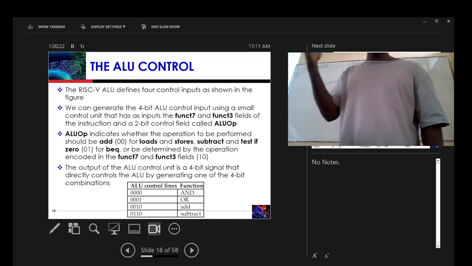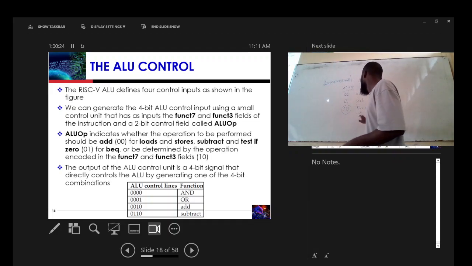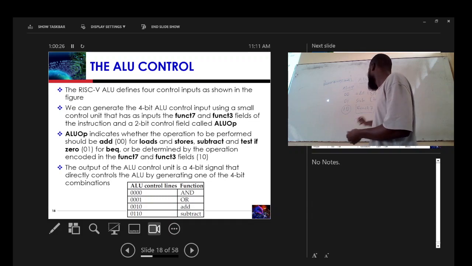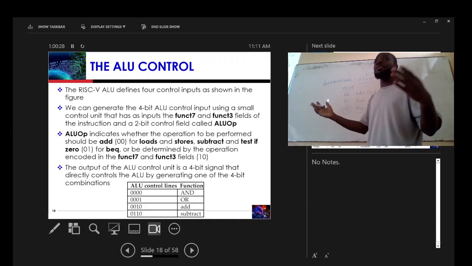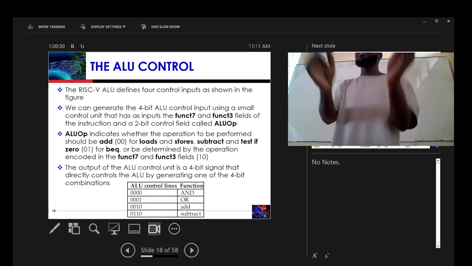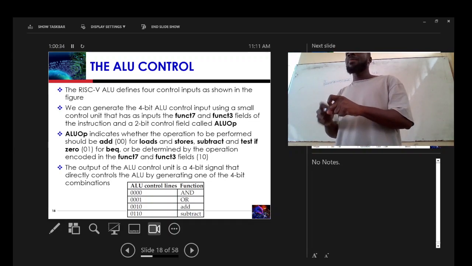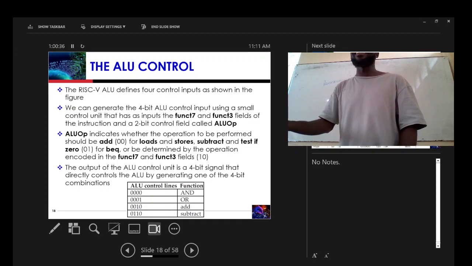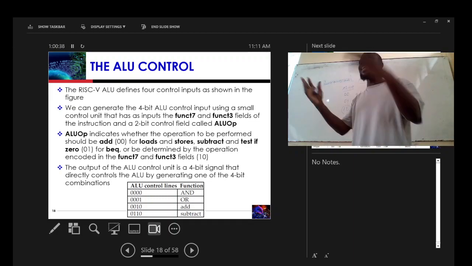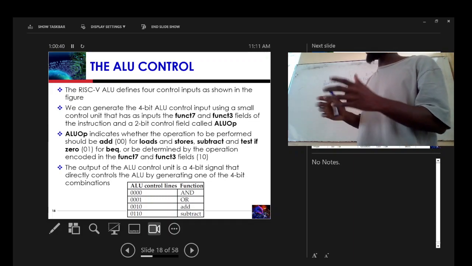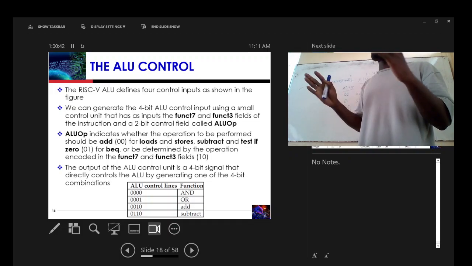So it basically tells you that if the value is 10, the funct7 and funct3 fields will tell us if we are doing normal addition or normal subtraction. Understood? You see how easy that is? Just pay attention. Do you understand?